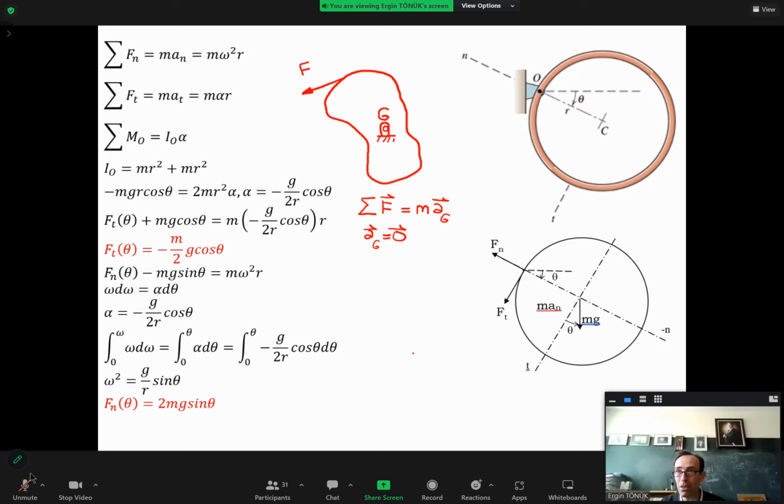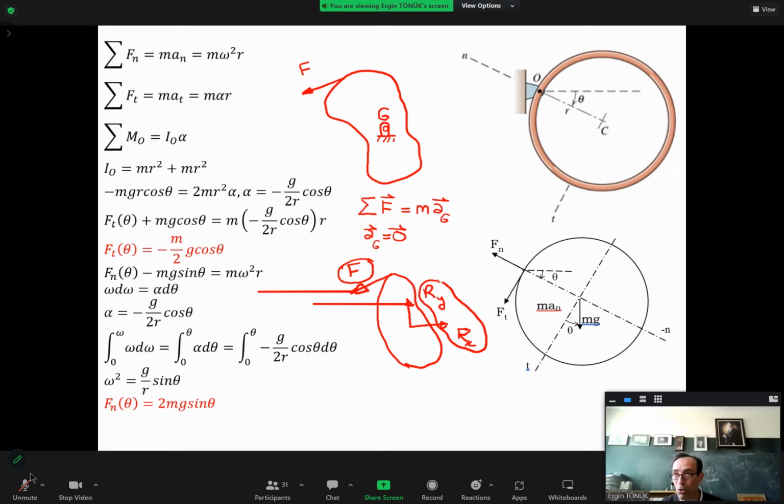How come this occurs? Well, I have to draw the free body diagram. I have this external force, ignore that horizontal line. I'm going to have an Rx here, let's say R so that it's not the same F, and an Ry here. Now, what should happen is this force plus the resultant of these reaction forces should be zero.